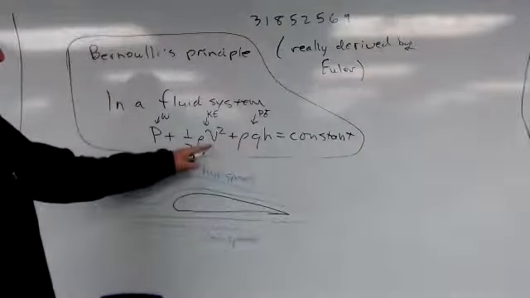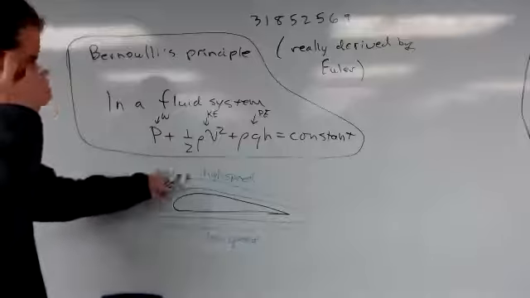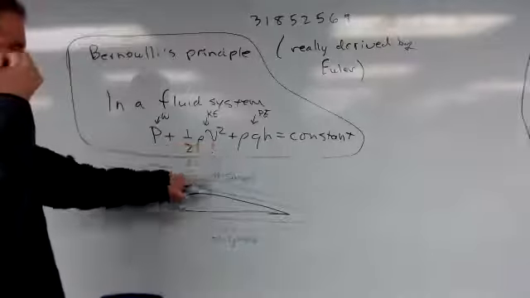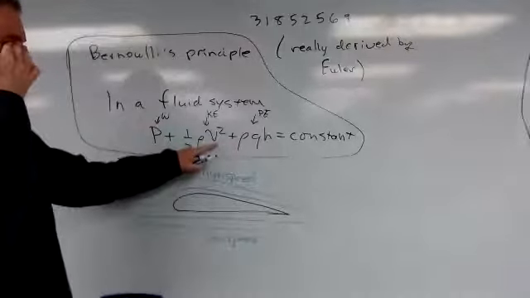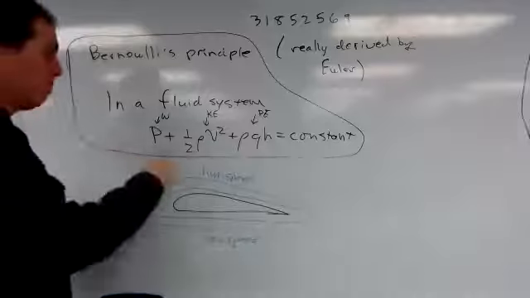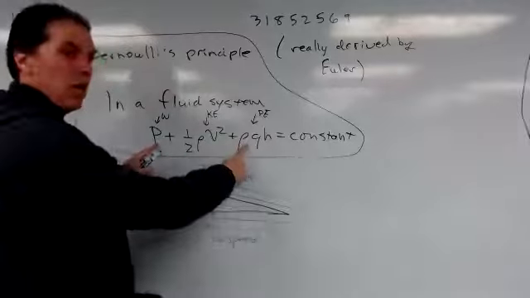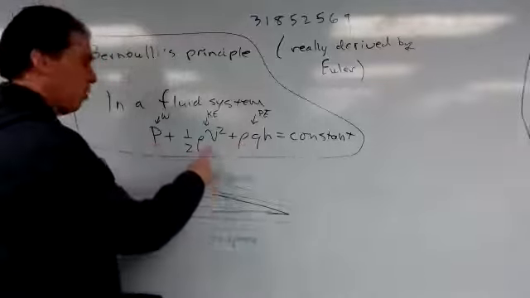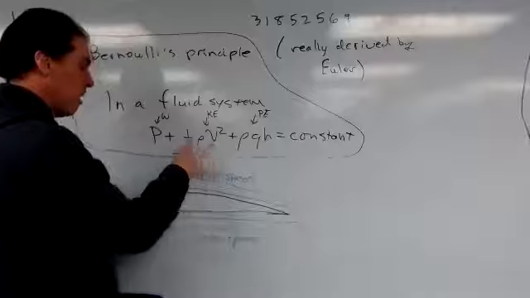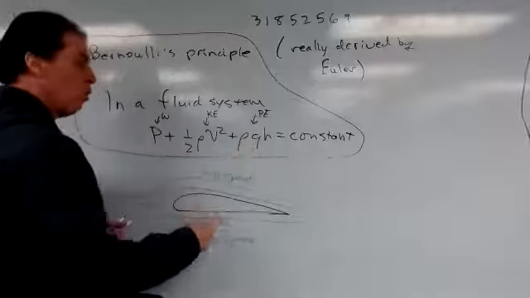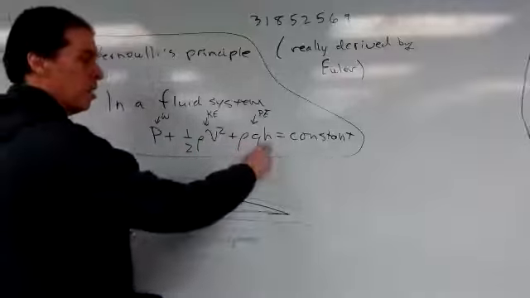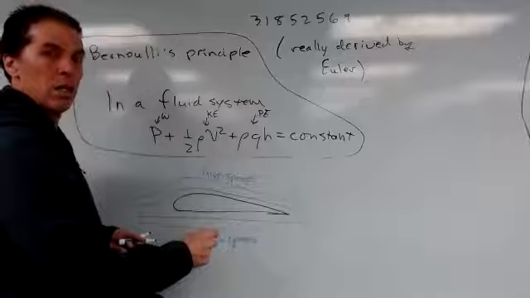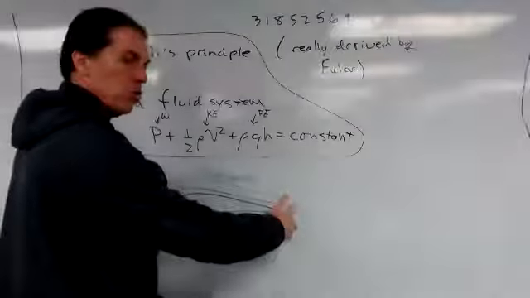And so above the wing, I get a high velocity, and below the wing, I get a lower velocity. And so that means that one or the other of these guys is compensating for that. In the region where the velocity is high, this or this has to be low. Well, we've already said that in a gas, this doesn't matter very much. We don't do rho gh in a gas, mostly just in a liquid.